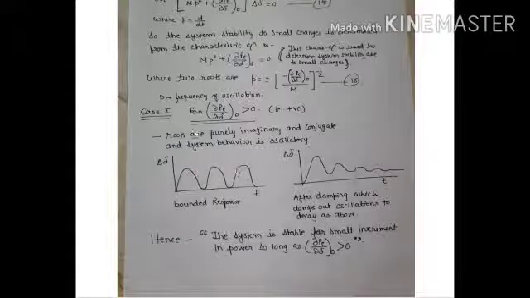So let us see the two different cases. Case 1: when this factor, which we call the synchronizing power coefficient, is greater than 0, that is positive, the roots of the characteristic equation will be purely imaginary and conjugate, and the system behavior is oscillatory.